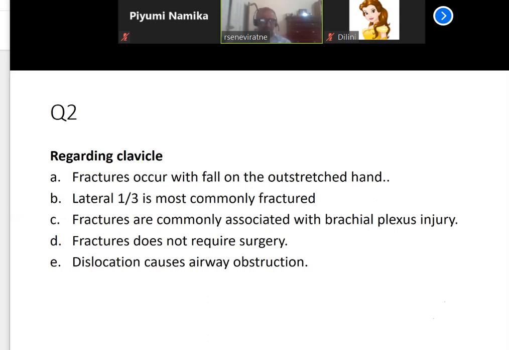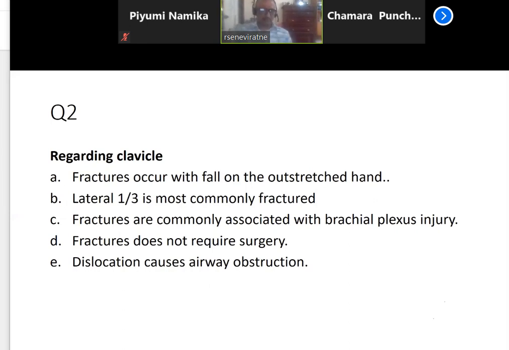And lateral one third is most commonly fractured. False, yeah, middle one third. Fractures are commonly associated with brachial plexus injury. False. You have seen in practice now, in all our casualties, you get these people with clavicle fracture.